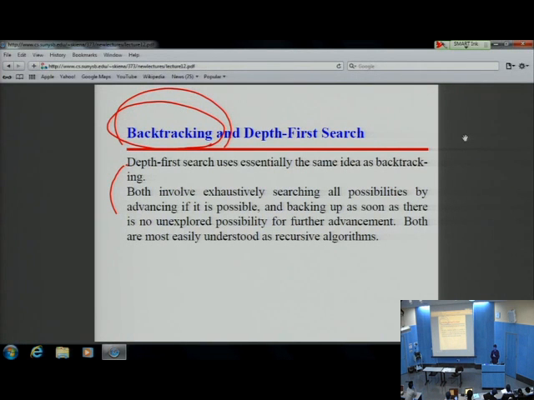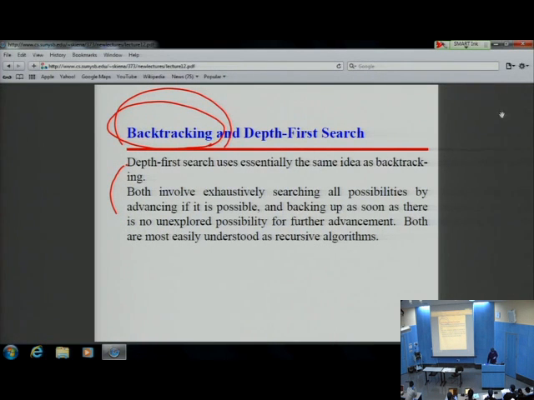So why should you learn about depth-first search? Because you're going to see it again in a couple weeks. If you understand depth-first search, backtracking will be obvious. If you don't understand depth-first search, you will be confused with backtracking. Any questions about that? Any other questions about depth-first search or any of these application programs that we've talked about? Topological sort, things like that.